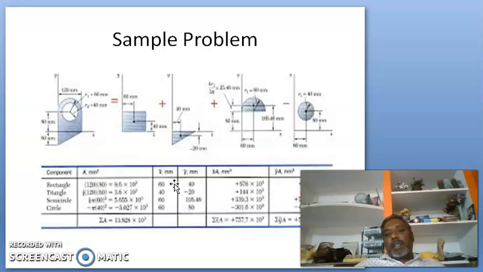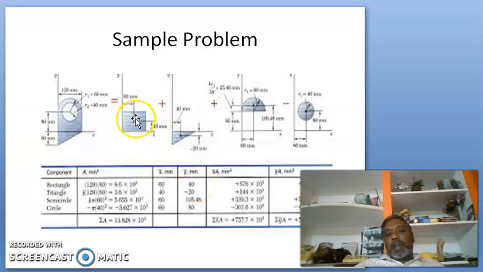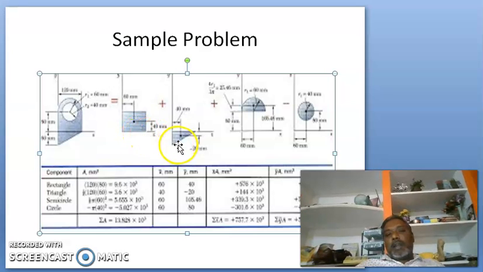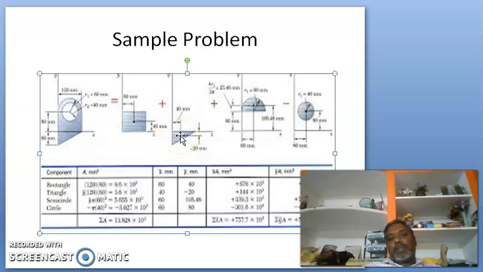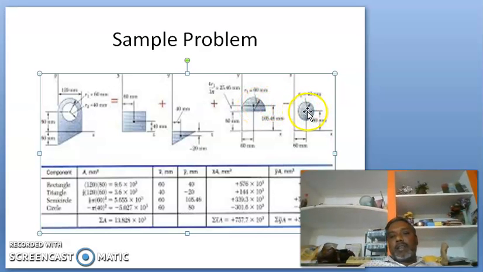So we have x1 here, x2 here, taking these as 1, 2, 3 and 4. x1 is at the center of this rectangle, and x2 is at the 1/3 of this triangle, and this x is at the center of the circle and the semicircle, whereas this is again at the center of the circle.